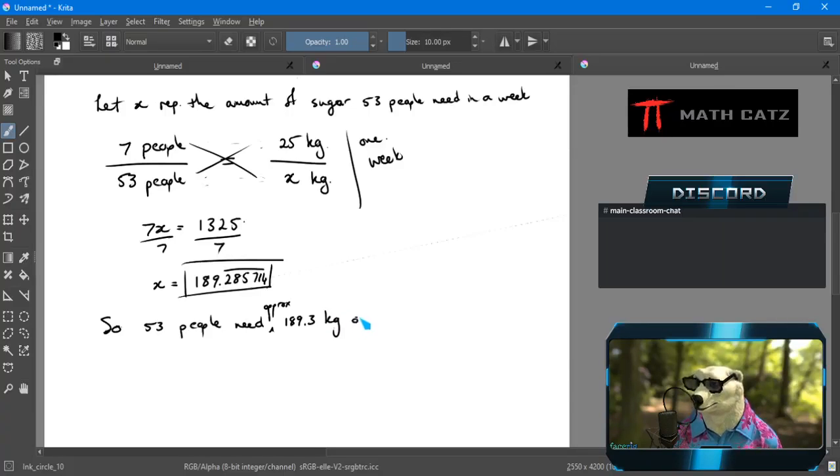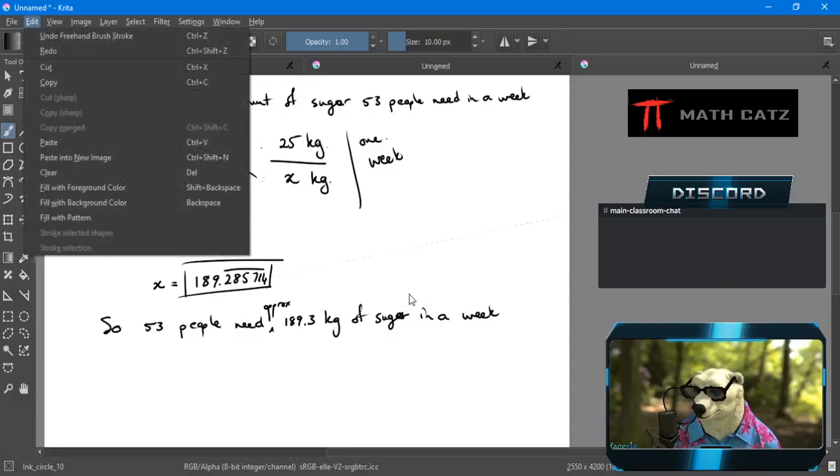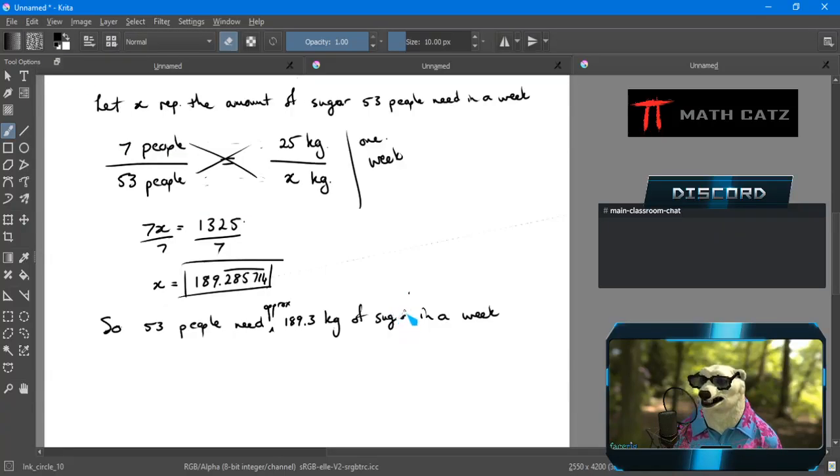Kilograms of sugar in a week. Let me just fix this horrible writing.